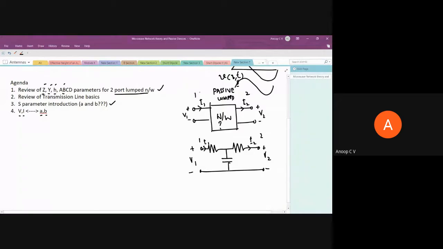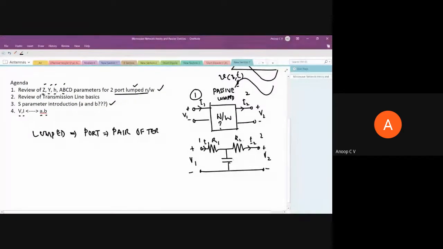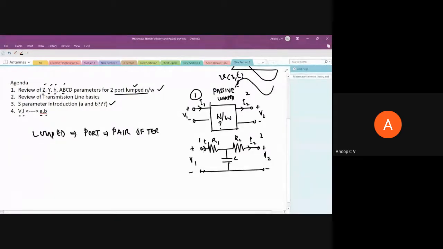In lumped network theory, a port means a pair of terminals. In this case I have R1, R2, C, and then these two connecting wires, which I can consider as a port.